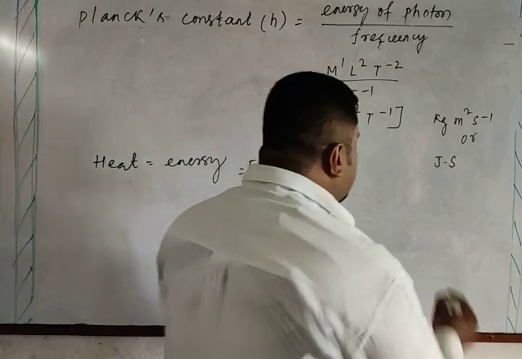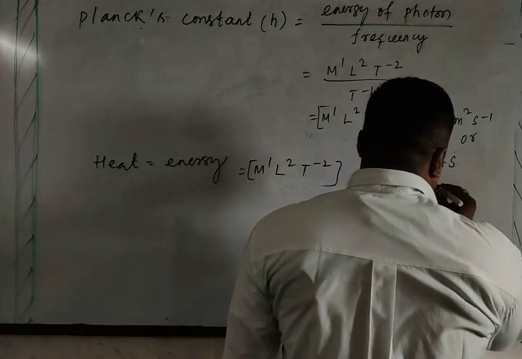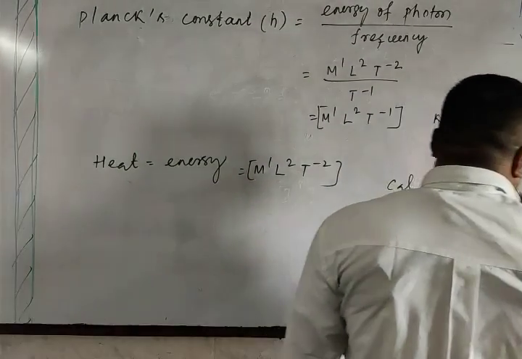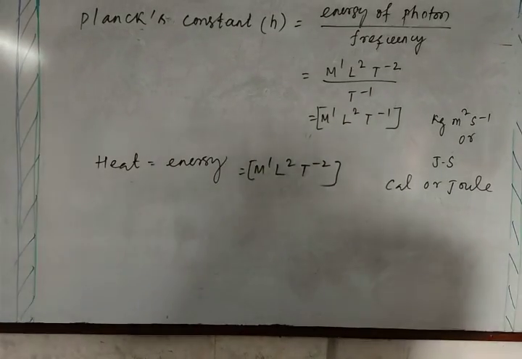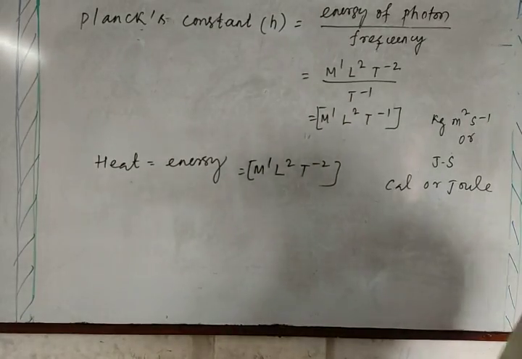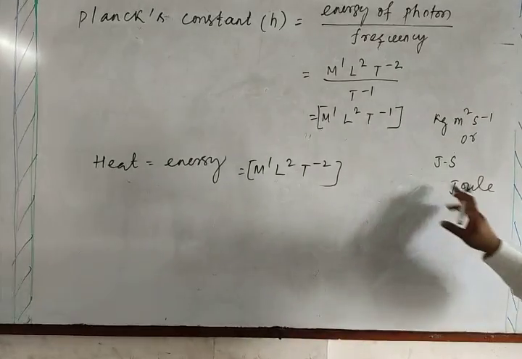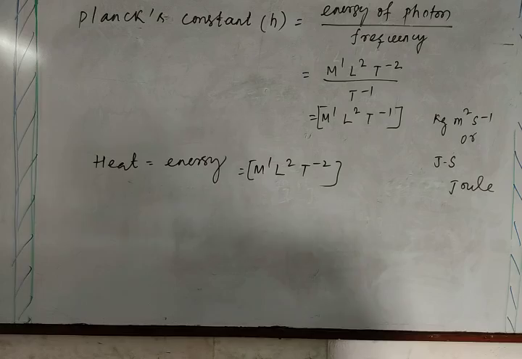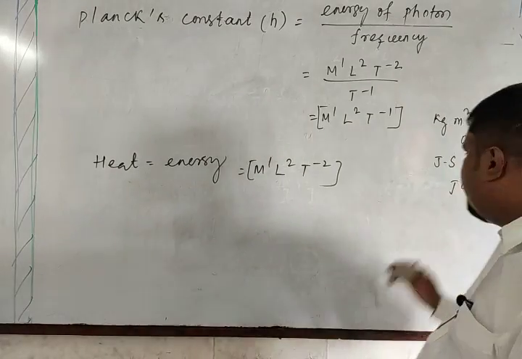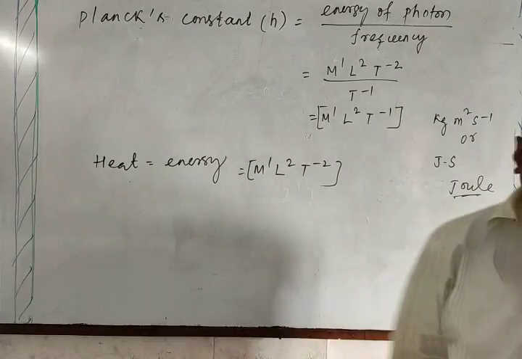Its unit can be calorie or joule. But if you use the SI system of units, then we take energy only in joule. One physical quantity has one unit; that is an advantage of SI, it is a rational system. In SI, it should always be expressed as a joule.